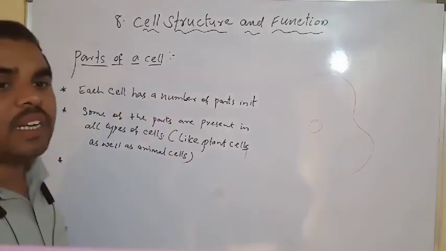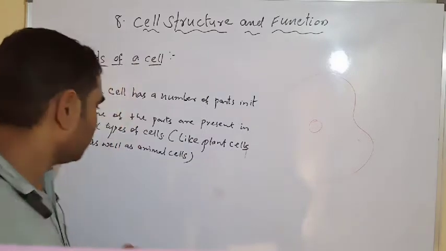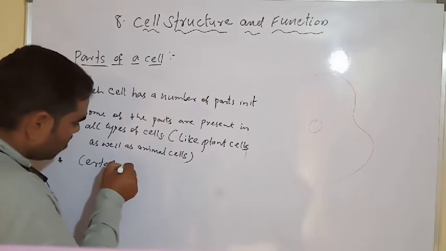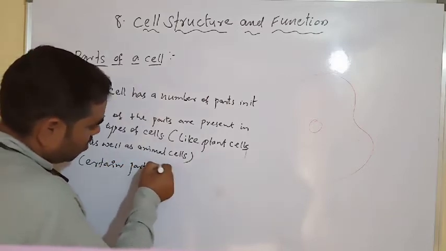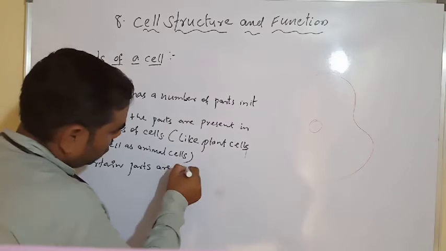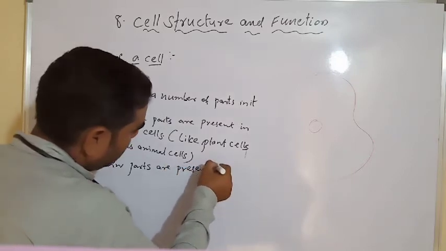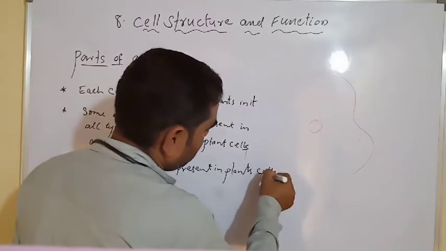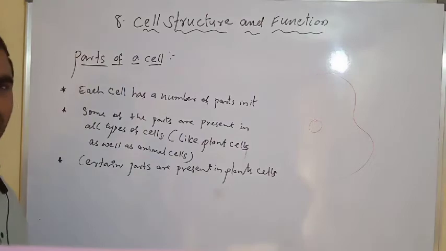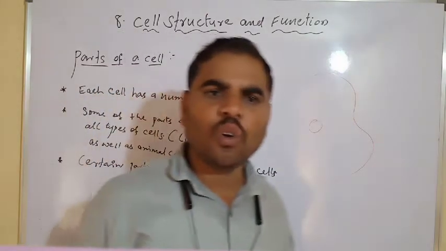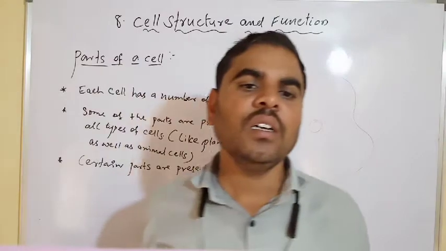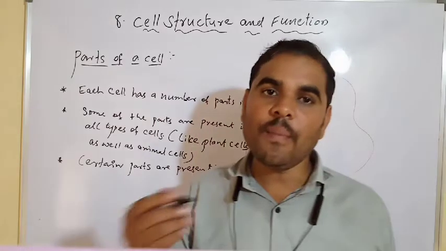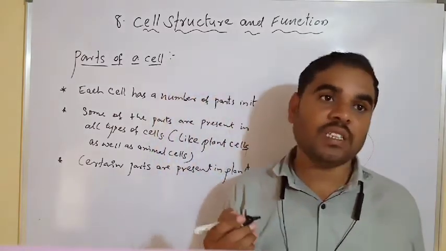For example, the vacuole is present in plant cells, and the chloroplast is present in plant cells. These are present in plant cells and not present in animal cells.